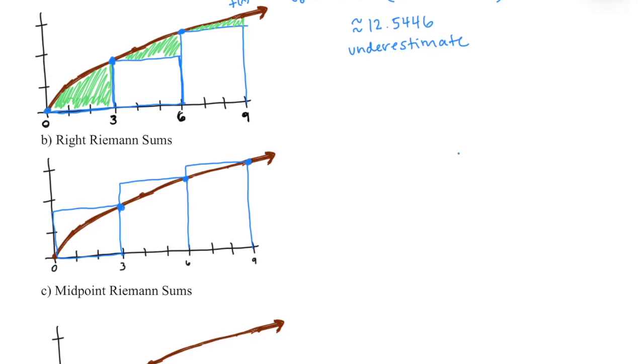Using proper notation again, I'll say the integral from 0 to 9 of the square root of x dx is approximately, I'm using these curly equal signs, that represents an approximation because this is not equal. You don't want to ever say that this is equal to this because it's not, it's an approximation.